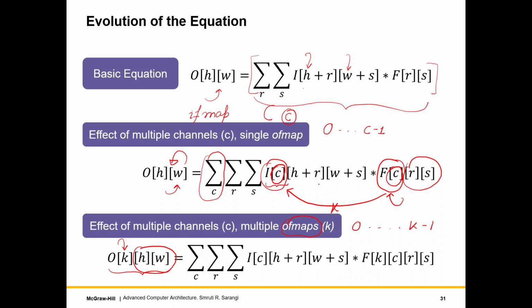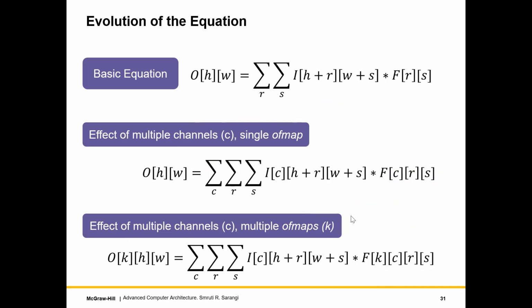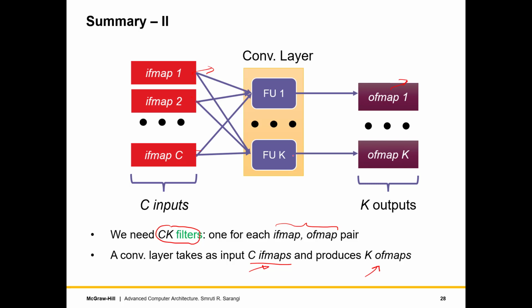So we start from this equation. Let me get rid of the writing here. The key point is that this remains as it is. It is just that now the filter will change, in the sense that for every input output feature map pair, let's again go back to this equation.